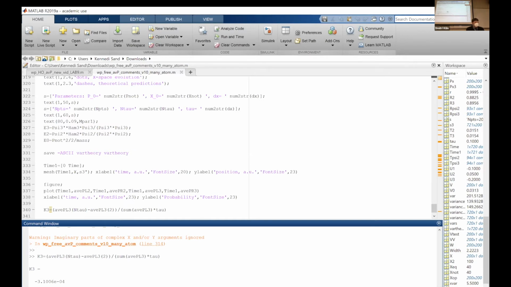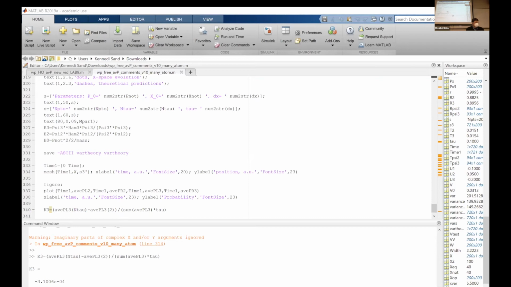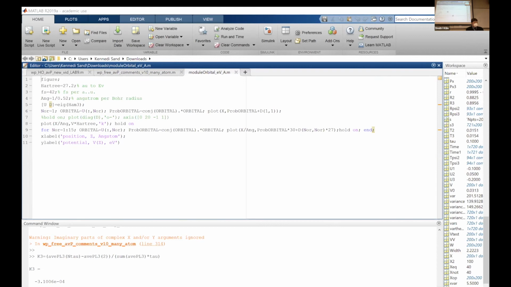Now, can you try to download the orbital module from the last email I sent, and save it? Very good.